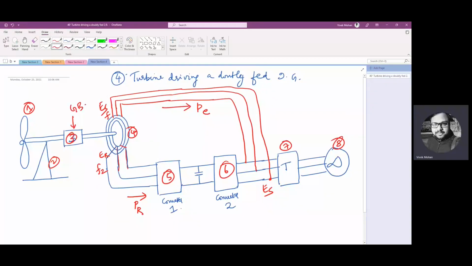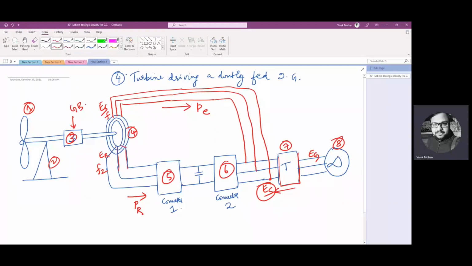Then the electric utility grid voltage EG. Where is EG? Here. The grid voltage EG is stepped down to a lower voltage ES. Where is ES? Here. So this transformer steps down this to ES.